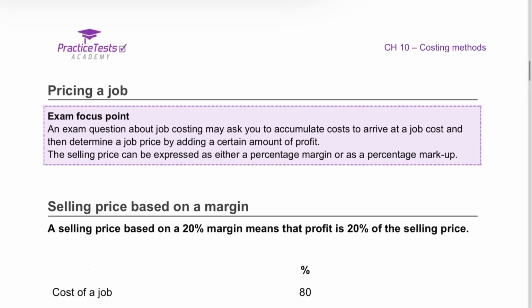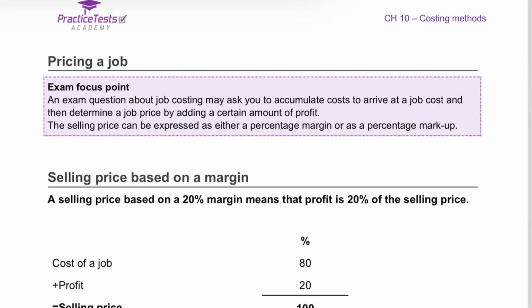So now what about pricing? Now we have determined cost. How can we determine pricing? So now in a question on the exam, you may be asked to accumulate cost to arrive at a job cost, and then to determine the job price by adding a particular amount of profit.